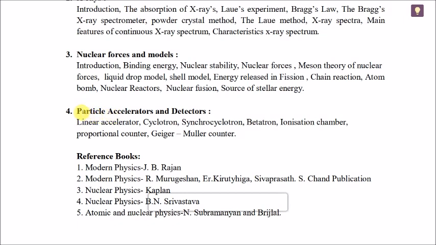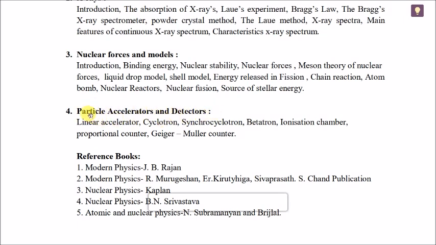In this chapter we first discuss particle accelerators, that is, particles are accelerated using some arrangement called an accelerator. After that the detectors: various nuclear particles can be detected by instruments called detectors. So in this chapter we discuss particle accelerators and detectors.